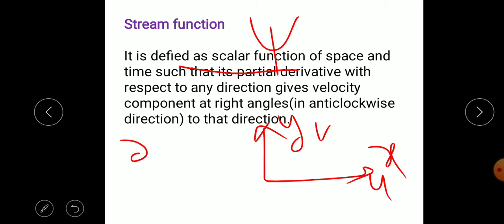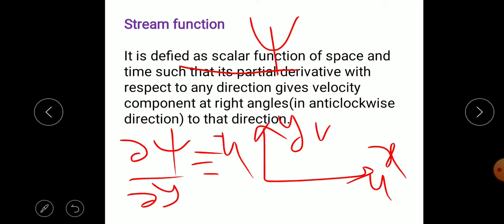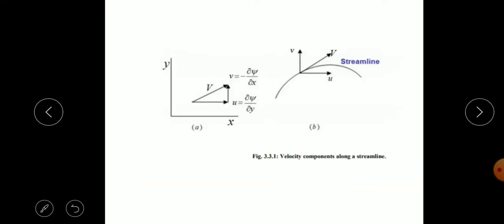So differentiation of psi in the x direction gives v, and with respect to y gives minus u, because of the clockwise sense. So the derivative of the stream function in any direction gives the velocity at right angles to that direction.